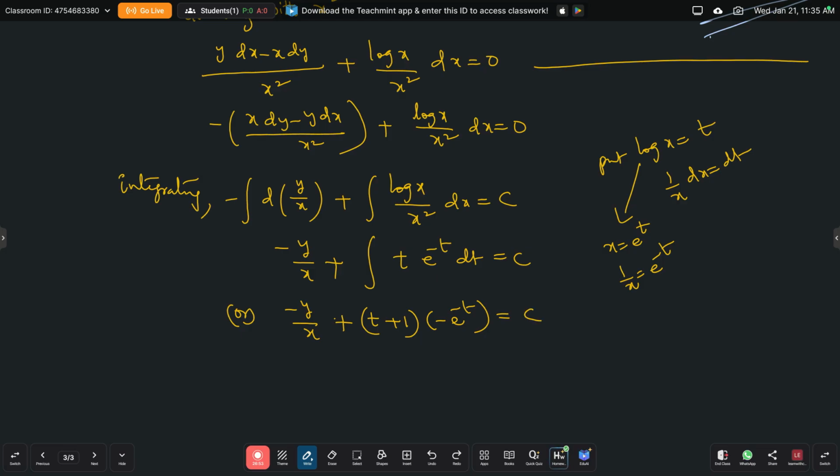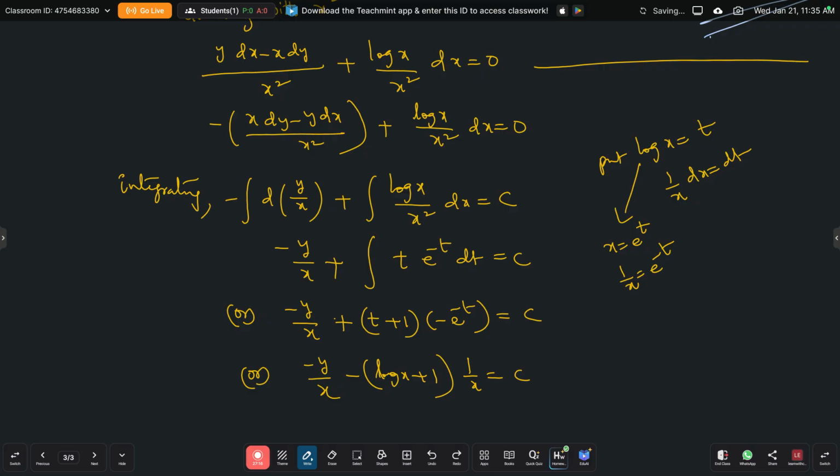Log x. What is e power minus t? 1 by x. So if you replace, this is minus y by x, minus sign is there, t is log x, so log x plus 1, then e power minus t is 1 by x, equal to c.